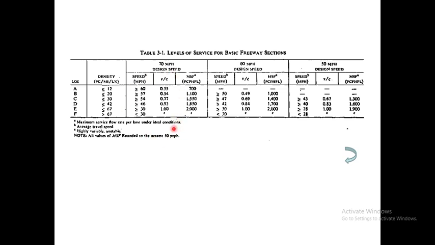For example, according to a given speed like 70, we can see here, for level of service B, the minimum speed should be 57 miles per hour. The other valuable parameter here is V over C, which is volume over capacity.